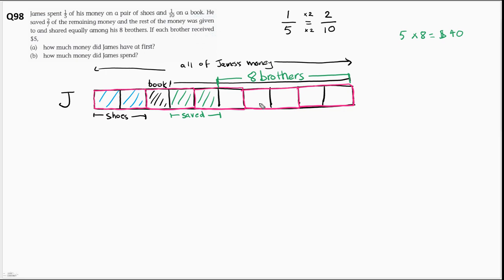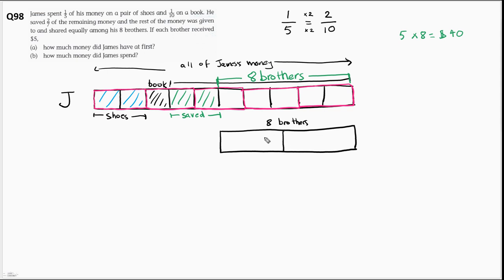Now, if you weren't sure about how to do that, what I have shown in previous videos is there's nothing stopping you from redrawing part of the model. So let's say I bring this part down here. If I'm not sure about that, and I just want to be really confident, especially if I'm a bit anxious about what I'm doing, so this is the same value, okay? And it's the 8 brothers. And so I'm going to divide this into 8.